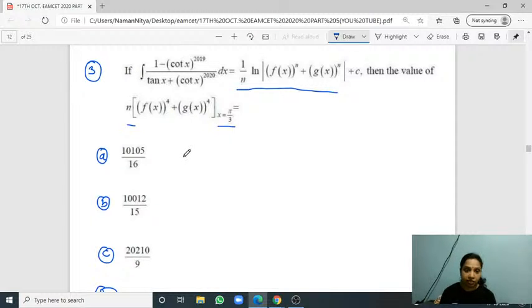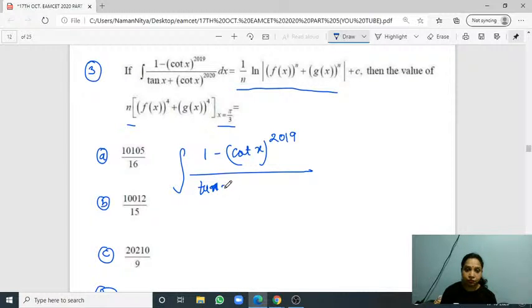Here first I'll take the integration of (1 minus cot x) whole power 2019 divided by (tan x plus cot x) power 2020 dx.